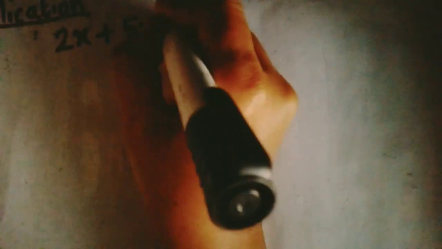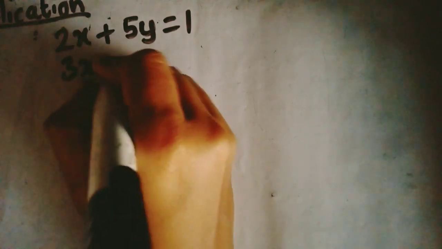Let's solve one question. Suppose a system of linear equations is given, I am taking 2 by 2: 2x plus 3y equal to 1 and 5x plus 2y equal to 7.